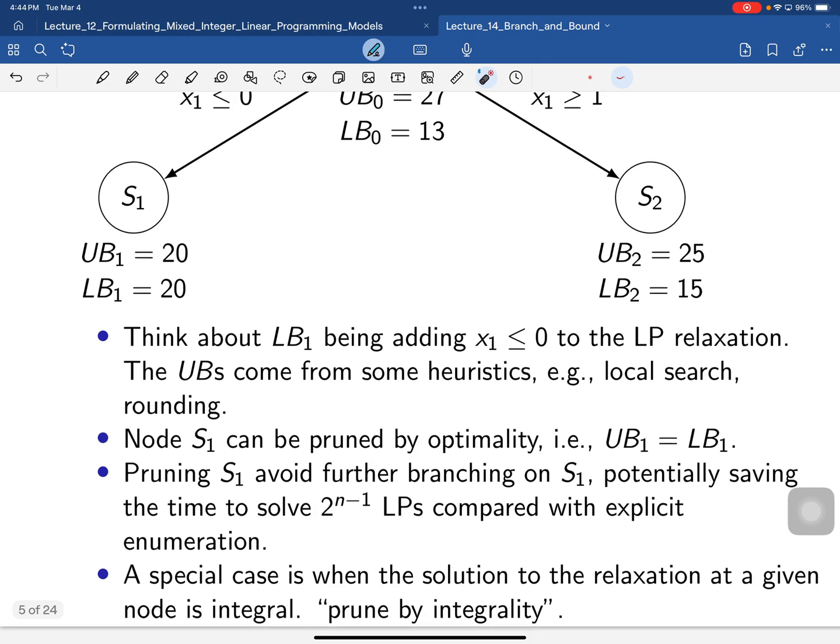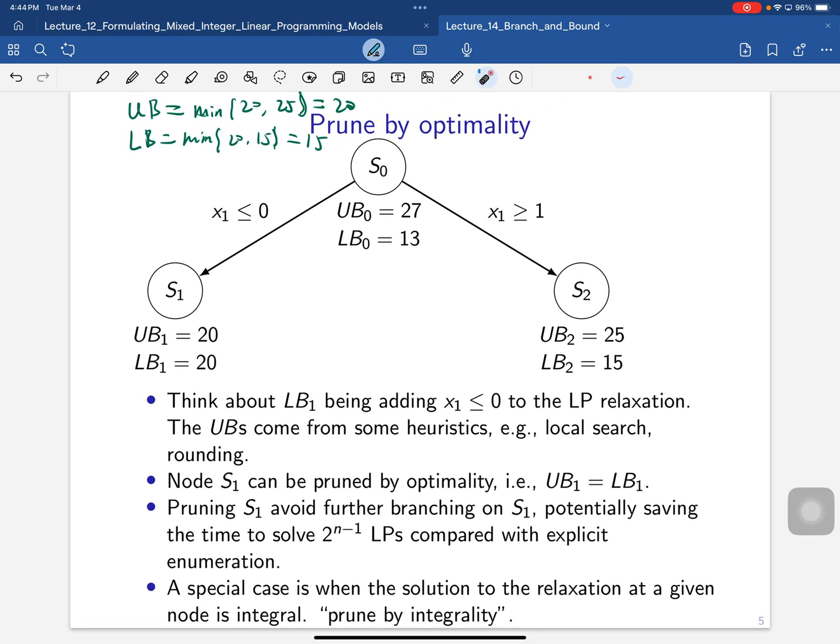Okay. So with this pruned by optimality, you can save a large number of enumerations, right? Because after you just did one branching, this whole node gets pruned. So let's suppose you have n binary variables.